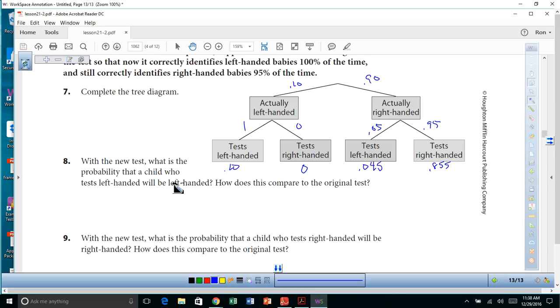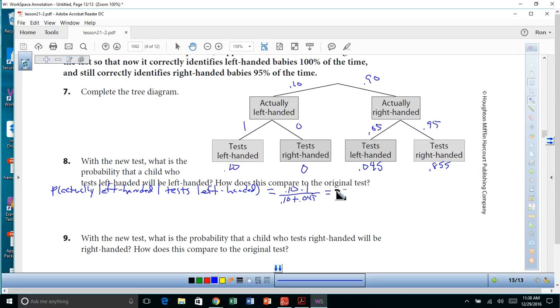We'll say the probability of actually left-handed given test left-handed is going to be 0.10 times 1 divided by 0.10 plus 0.045.